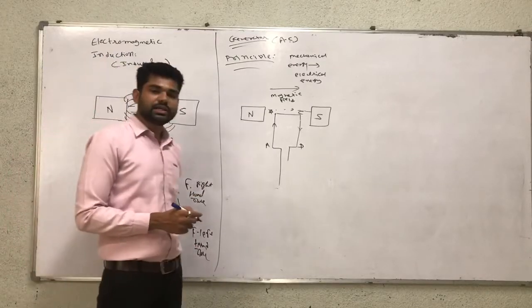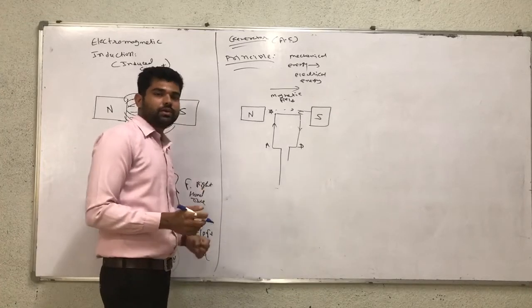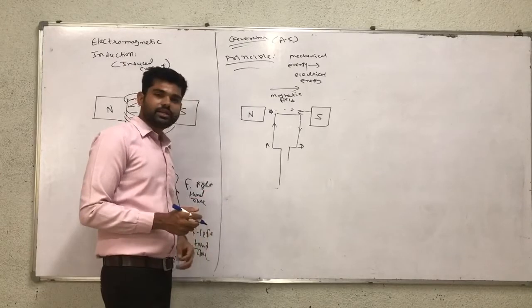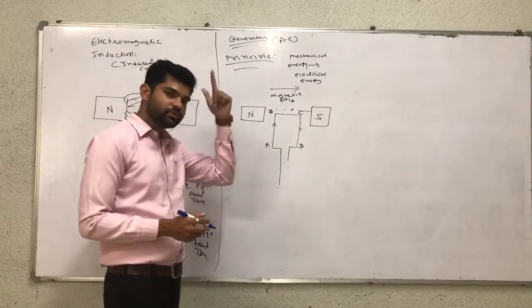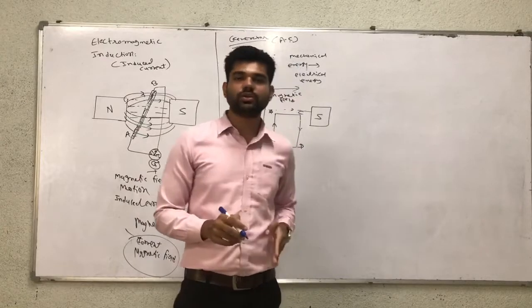But the alternating current is maintained and managed by two types of rings: the split ring and the slip ring. First, we use the split ring. A split ring means one circular ring cut into two parts.